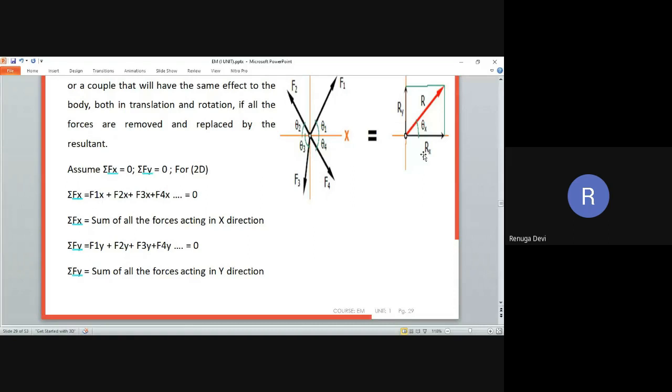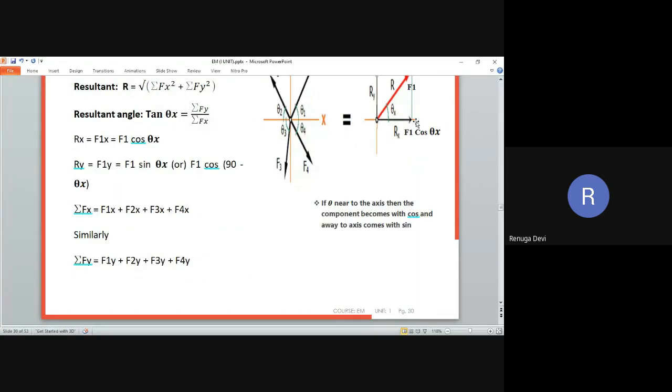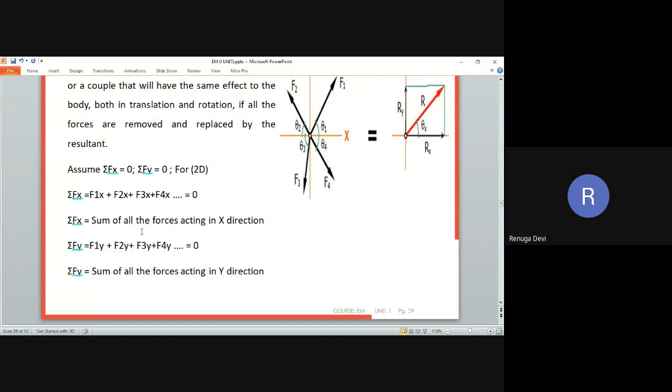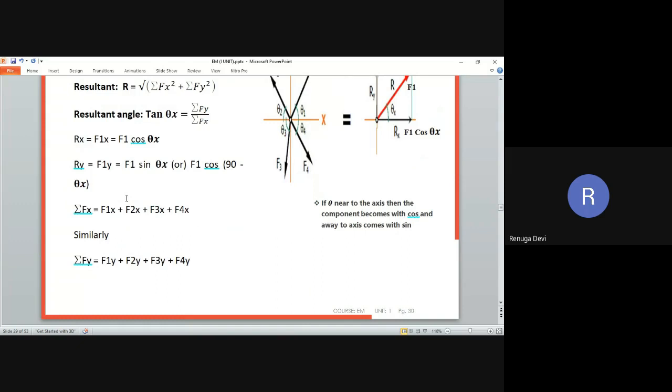Now just see that, assume this is a single force. Theta x is here. I know the value of R, but I don't know the value of Rx. So how can you solve this? Cos theta x equals Rx by R, so simply Rx is nothing but R cos theta x. You can write it like this. The same way Ry also you need to write.